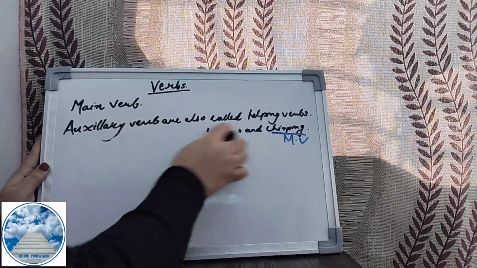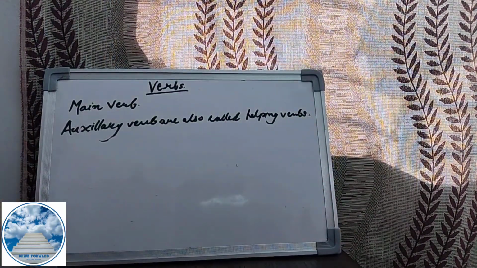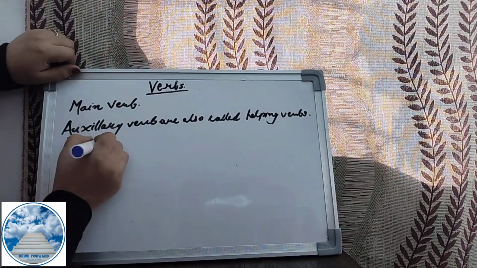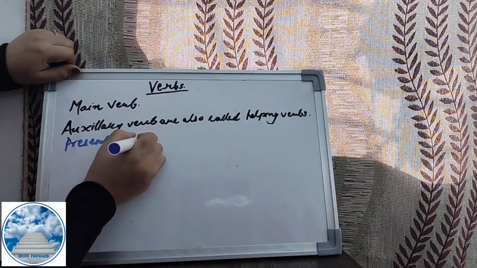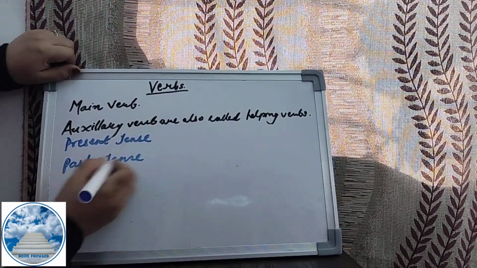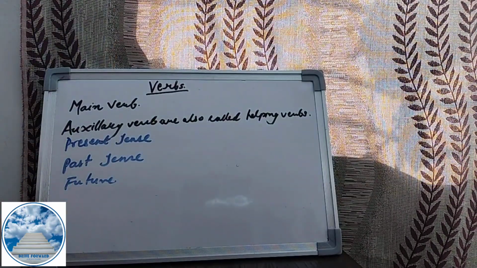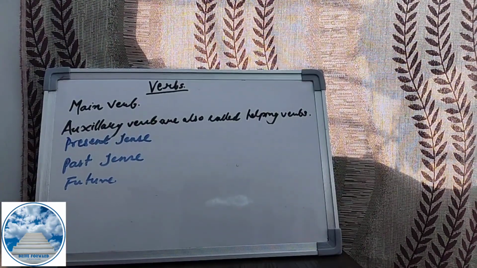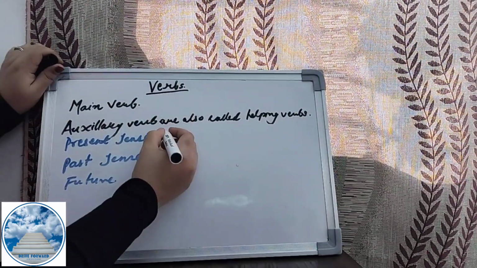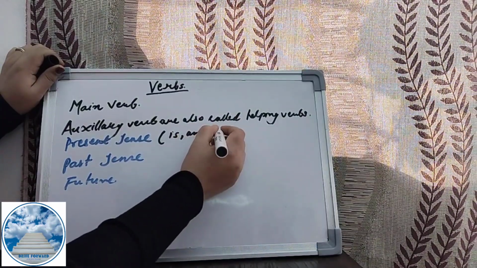So let me give you a few examples of auxiliary verbs. There are three types of tenses as you know: present tense, past tense, and future. When I talk of present tense, the auxiliary verbs are is, am, are.